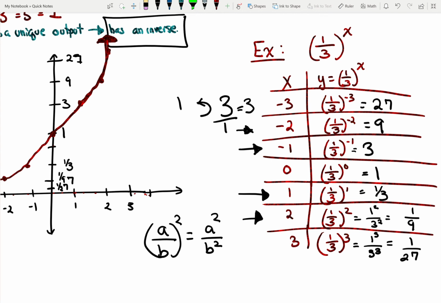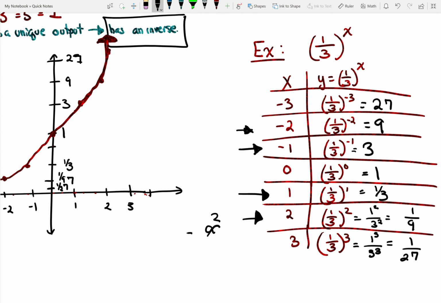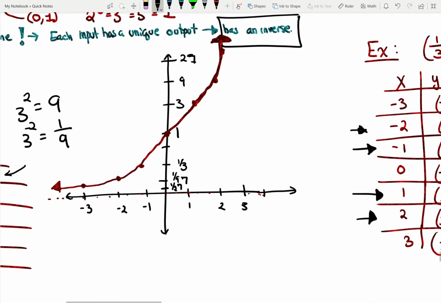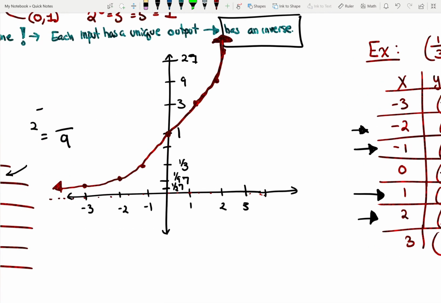So if you graph this out and make it look pretty, you'll realize that, sorry, let me just erase this. You'll realize that it'll look something like this.